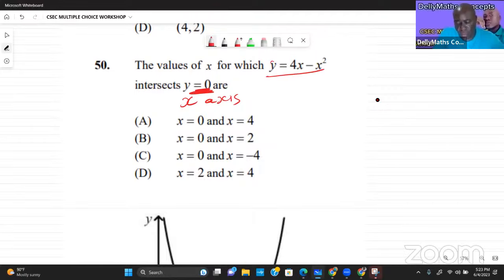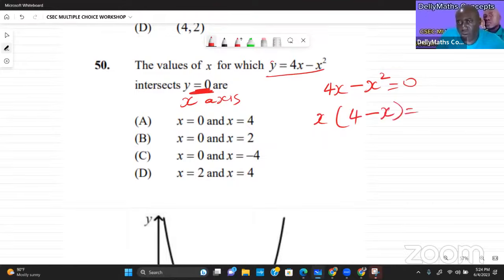My pen is moving lazy. 4x minus x squared equals 0. And you're solving it normally, right? So you factorize out the x. So you get x times (4 minus x) equals 0.